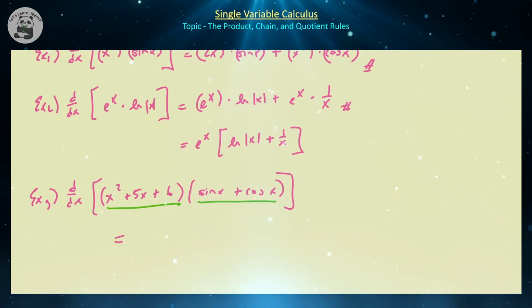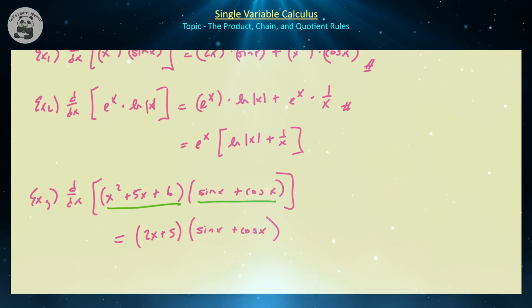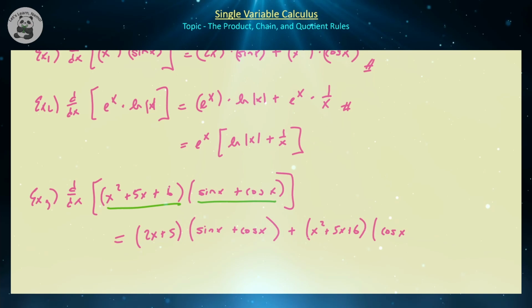So this is going to be equal to what? So the derivative of the first will be 2x plus 5 times the second, and then that's going to be plus the first times the derivative of the second, which is going to be equal to cosine x minus sine x.